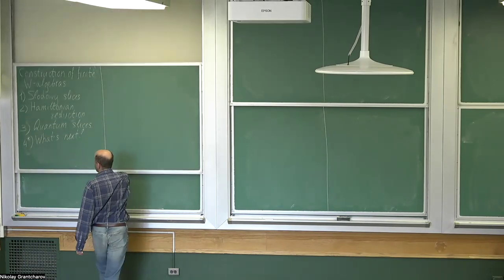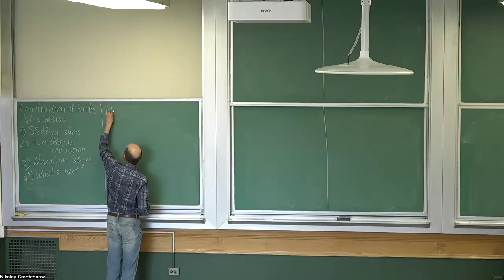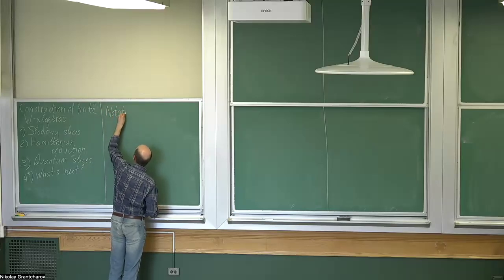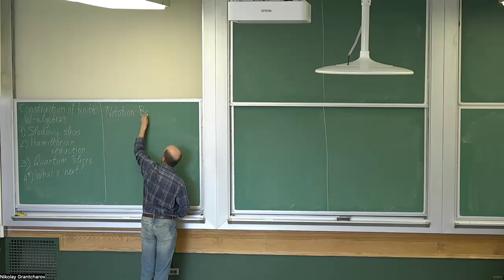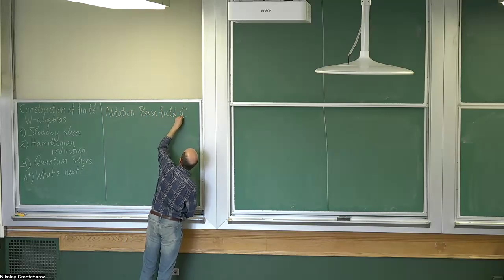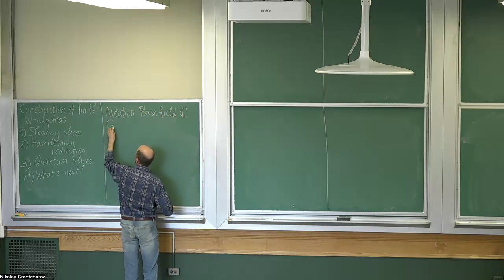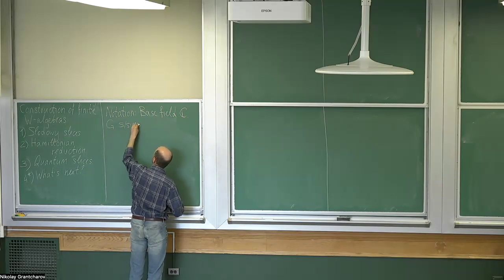Let me start by introducing some notation. The base field for this talk is the complex numbers. G is going to be a semisimple algebraic group.